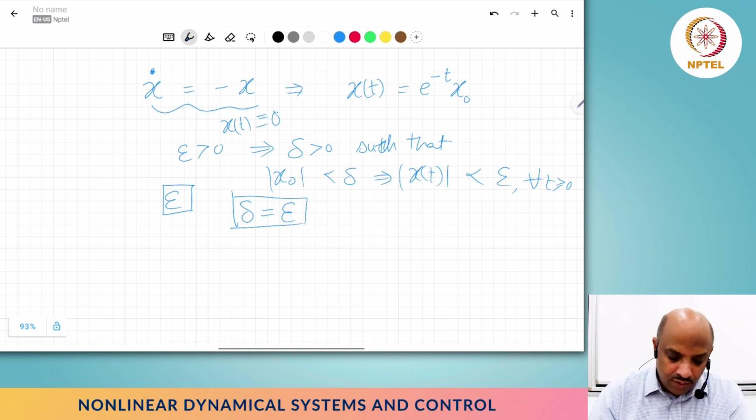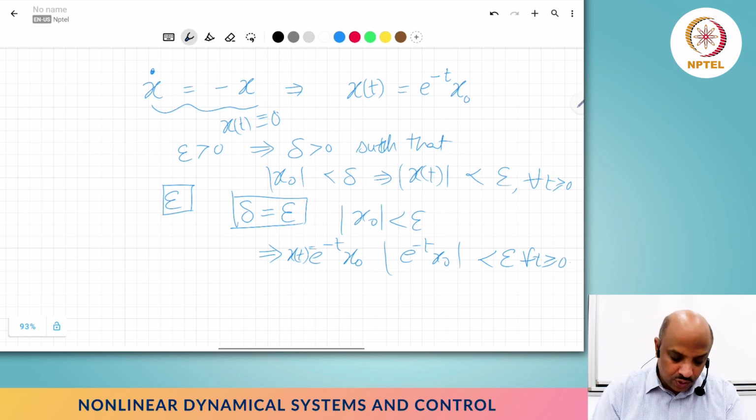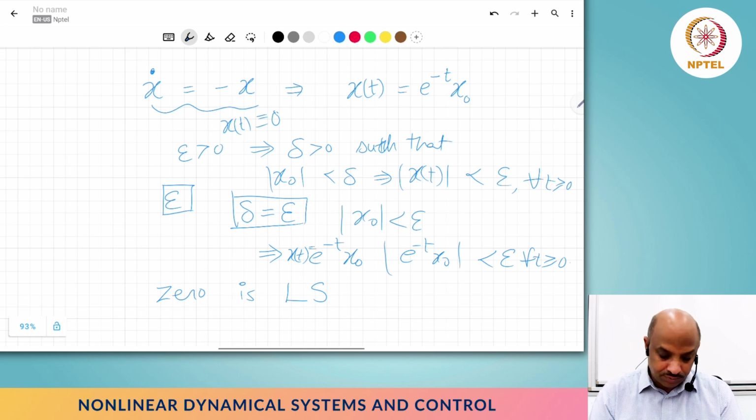Then for all x0 less than epsilon, we know the solution is e raised to minus t x0, and the absolute value of e raised to minus t x0 is indeed less than epsilon for all t greater than or equal to 0. So the 0 solution is Lyapunov stable.